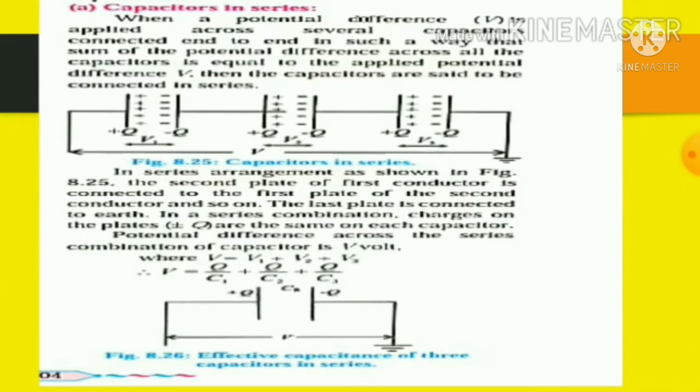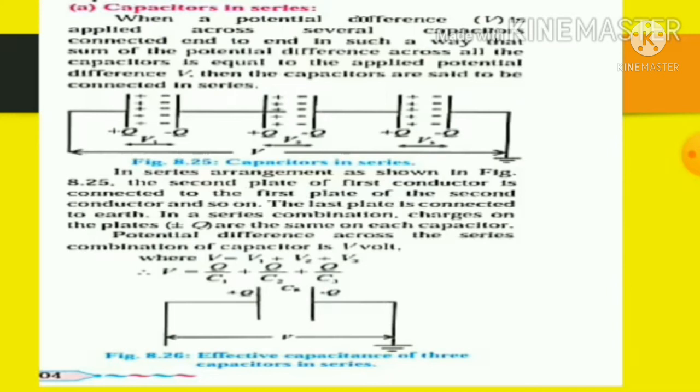Then we know the relation between potential, capacity and charge from the previous lecture, electrostatics part 18. This equation is V equals Q upon C, or C equals Q upon V.